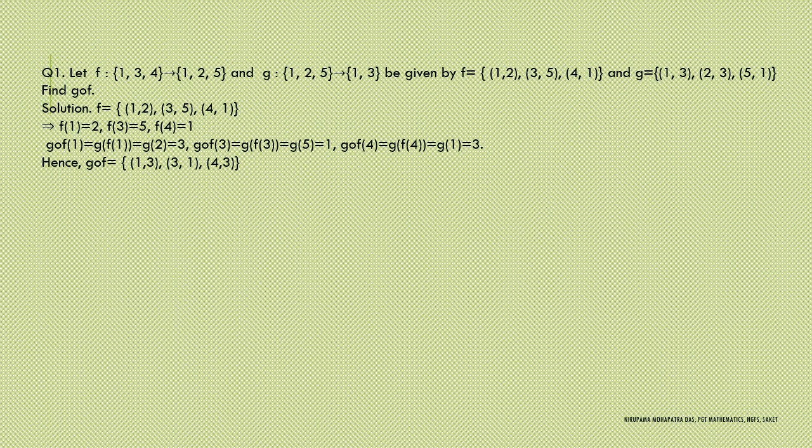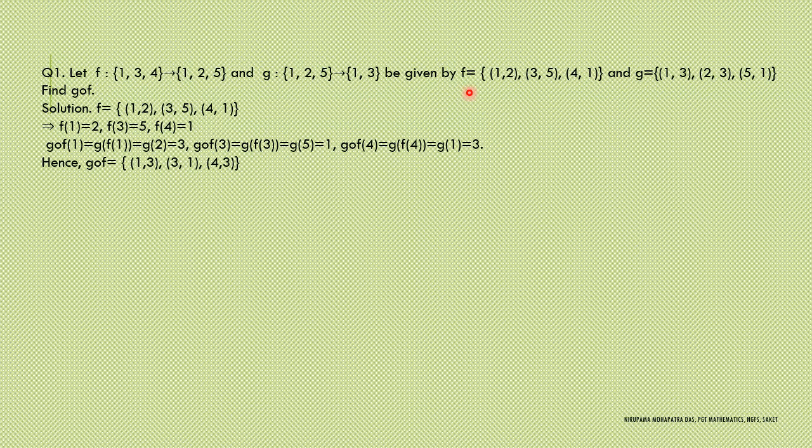So let's see two or three questions. This question is from the NCERT book. F is a function from the set with elements 1, 3, 4 to the set containing 1 to 5, and g is a function from the set containing 1 to 5 to the set containing 1, 3.